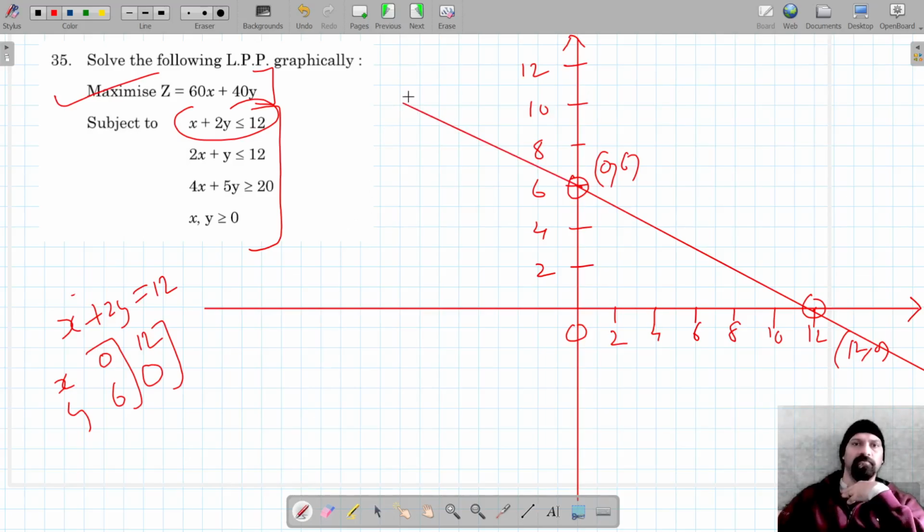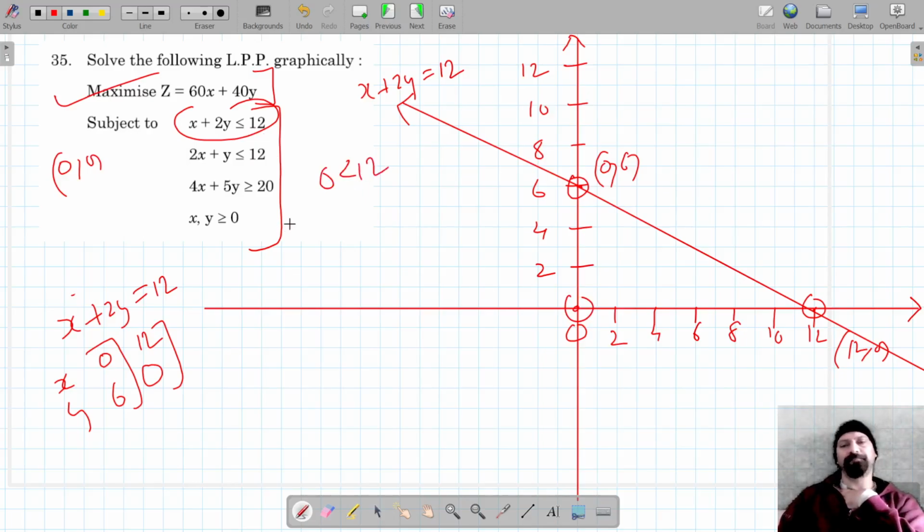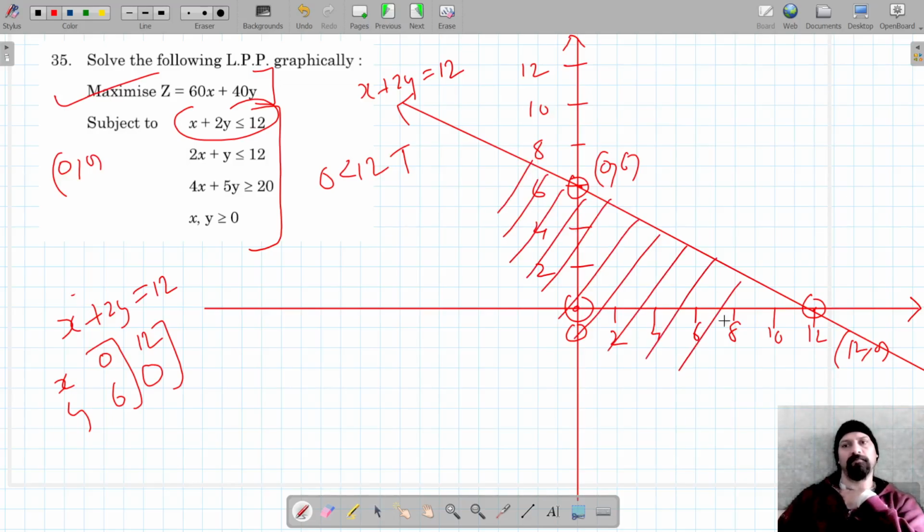Okay, so this is for x plus 2y is equal to 12. Now, if I check this inequality for the origin (0, 0), it gives me 0 is less than 12, which is true. So that means it has a solution region towards the origin.